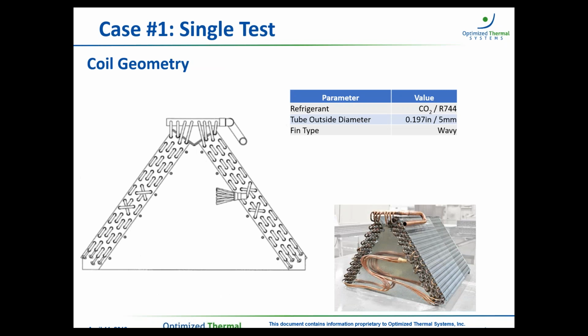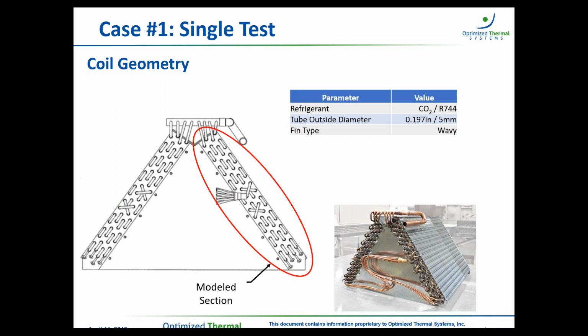In this example, we're going to look at an evaporator coil. It's an A coil, and uniquely it uses carbon dioxide as its refrigerant, and has tubes with a diameter of 5 millimeters. For simplicity's sake, we're going to just model half of this heat exchanger.